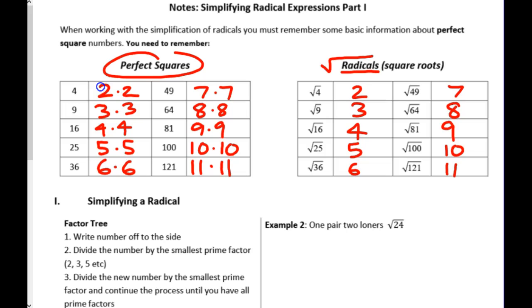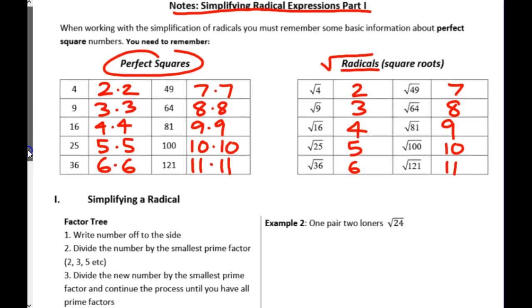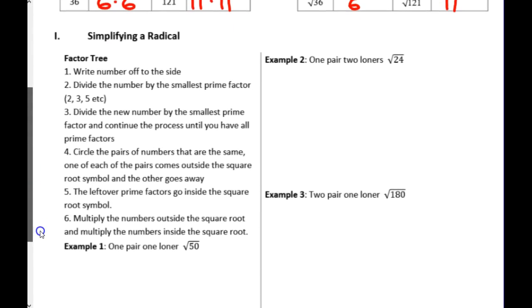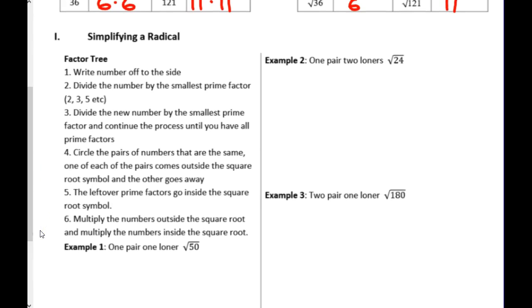That's what it's called up here, and that's what we're going to do at the bottom. So I'm going to show you how to do that. Let's look at the bottom left-hand side. Simplifying a radical, there are your instructions. I will explain that as we go along here, right?